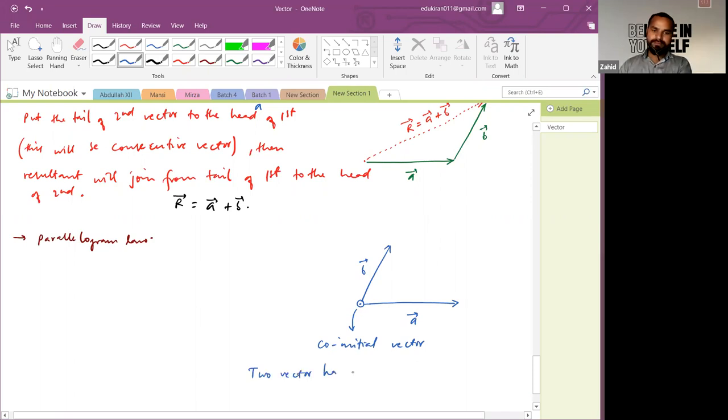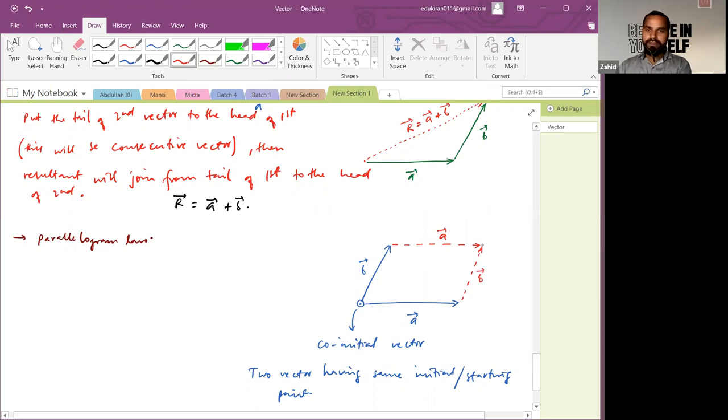So you will say two vectors having the same initial or starting point are termed co-initial vectors. Similarly, you may draw A parallel to it like this, and similarly B parallel to it like this.